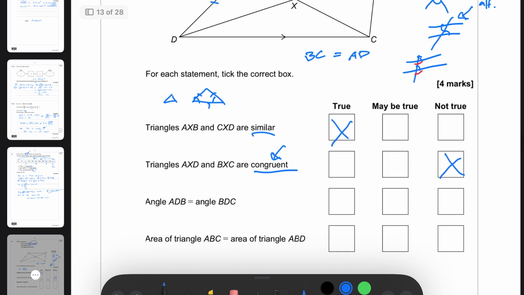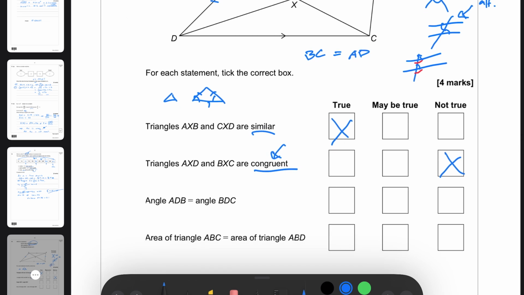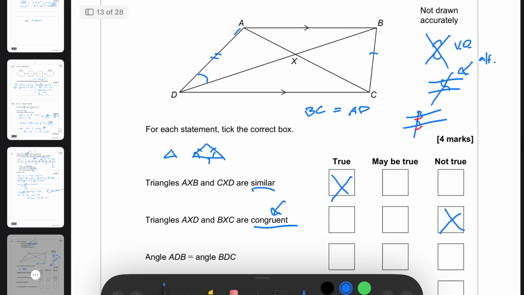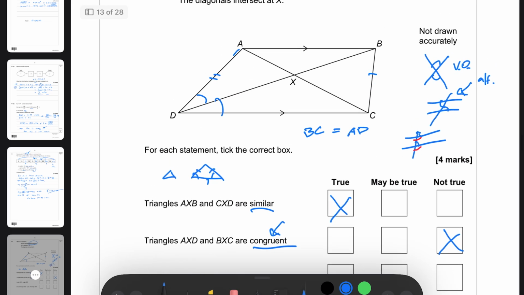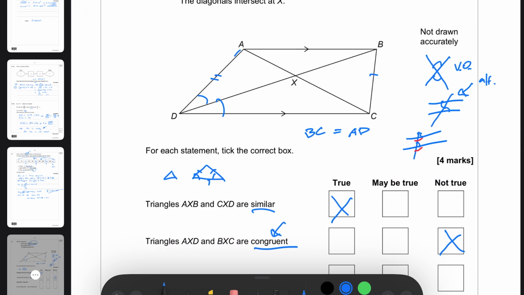Right. Next question. Angle ADB equals angle BDC. ADB, which is this one, BDC, which is this one, and we want to know if they are equal. Right, so how are they going to be equal? Well, the only way that these are going to be equal is if BD is a bisector, right? We want BD to be a bisector.